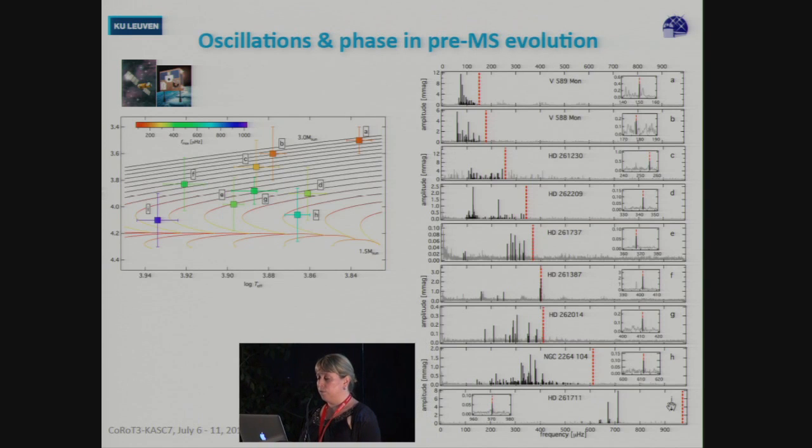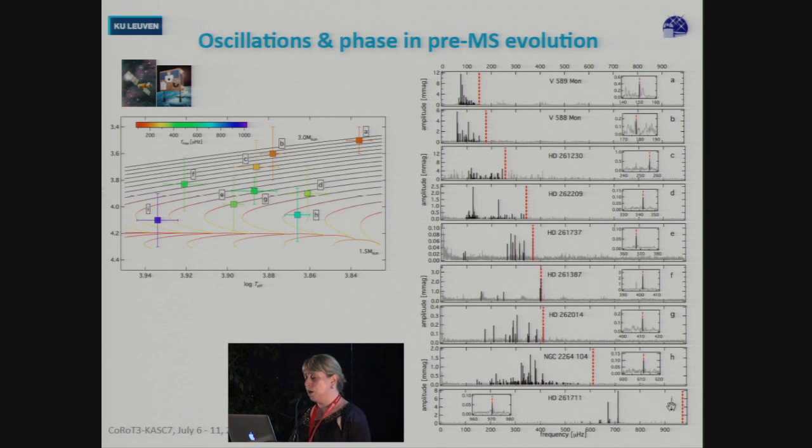In gray, it's the original amplitude spectrum. The black lines are the observed pulsation frequencies, and the right line is the maximum, the highest observed p-mode frequency. And sometimes it has a tiny amplitude, and so the inserts show you that it's of statistical significance.